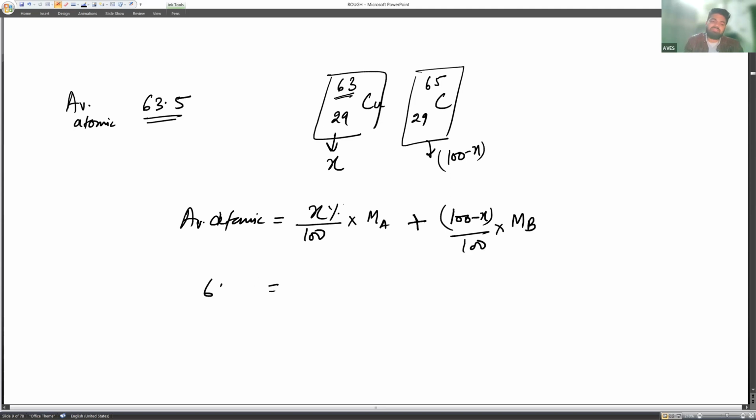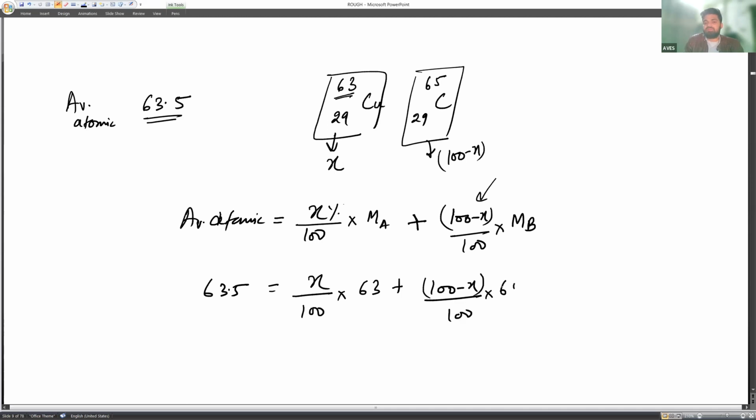So write 63.5 equals X upon 100 into the mass of the first, which is 63, plus 100 minus X in brackets upon 100 into 65.